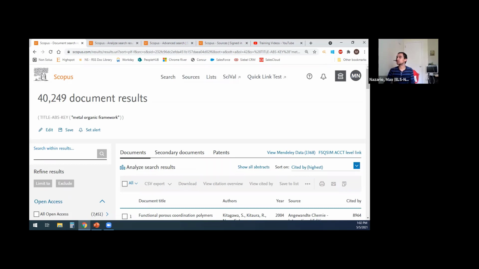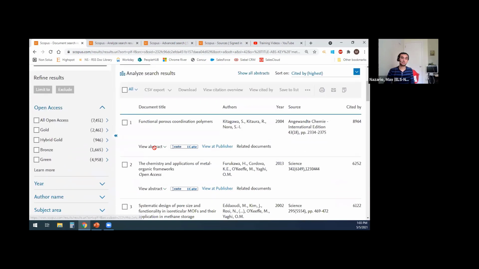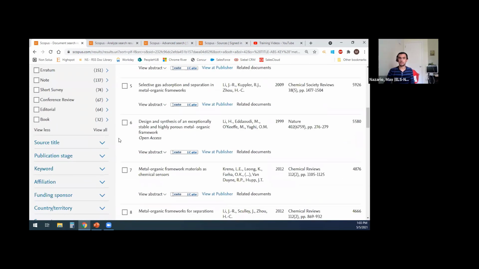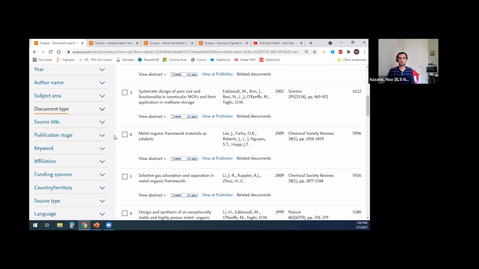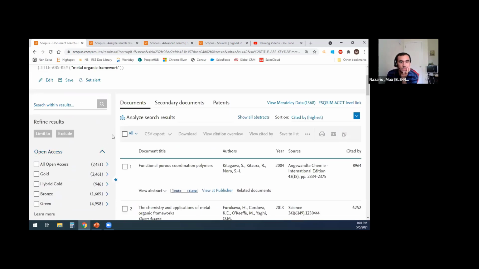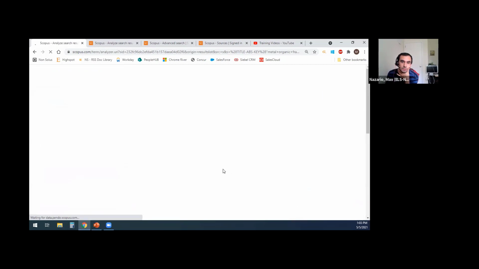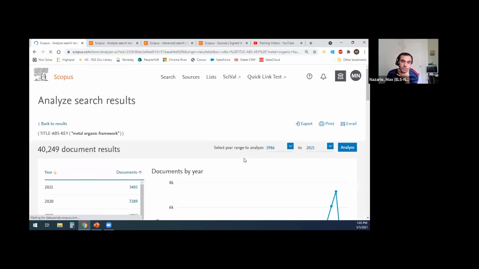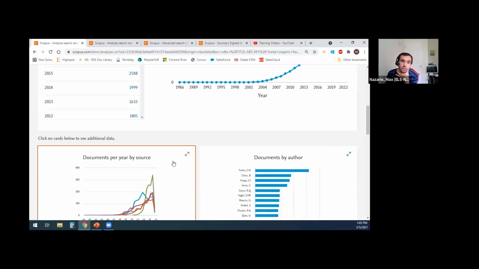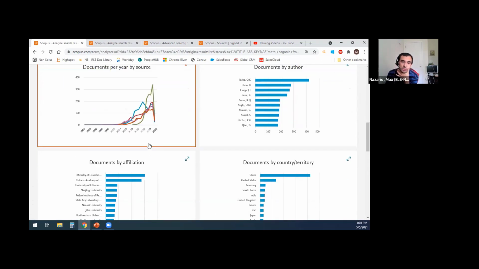Can your search include a CiteScore range? That is a very good question, actually. I don't believe there is a way to do that. But what you can do, if you go to analyze search results, it's not quite the same thing, but you can look at the documents by source.